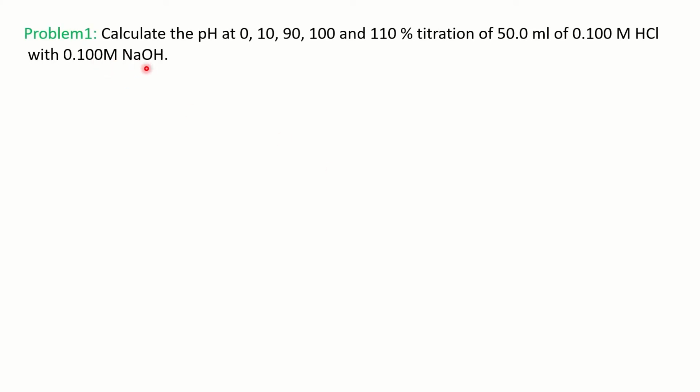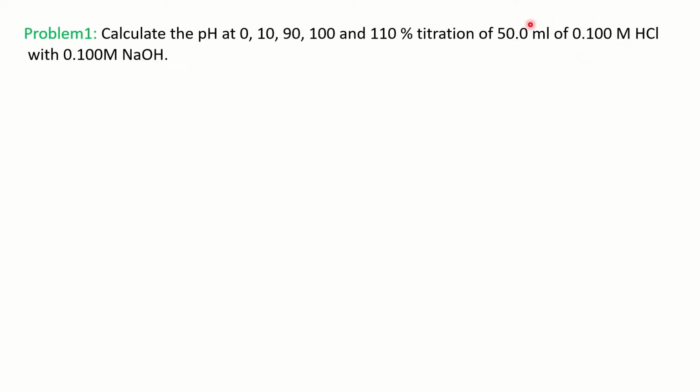So this is a problem where they are asking you to calculate the pH value for the volume of base NaOH at 0, 10, 90, 100 and 110 percent for the titration of 50 ml of 0.1 molar HCl with 0.1 molar NaOH solution. Basically, here they have given the molarity of the acid with the volume.